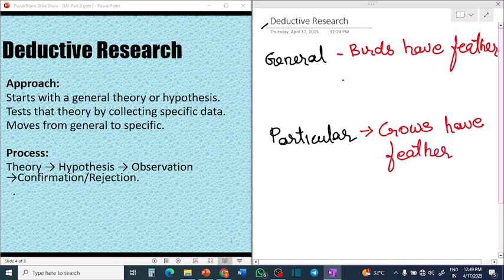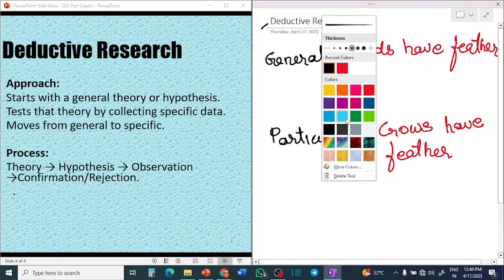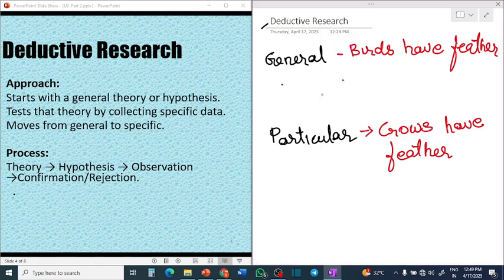So you can see what I have done over here. I have gone on from a general statement. From the general statement, we are talking about everyone, a statement which will apply to everyone.